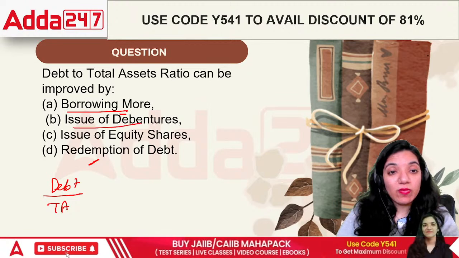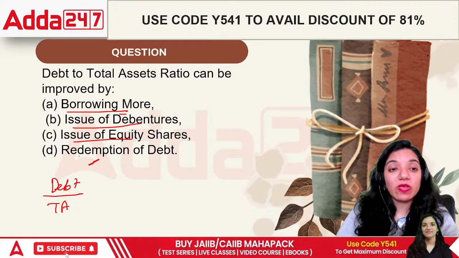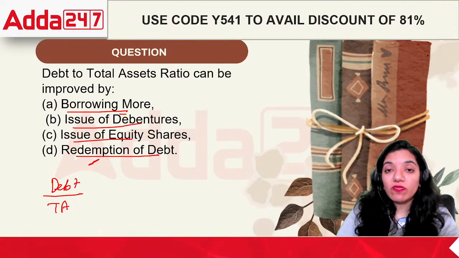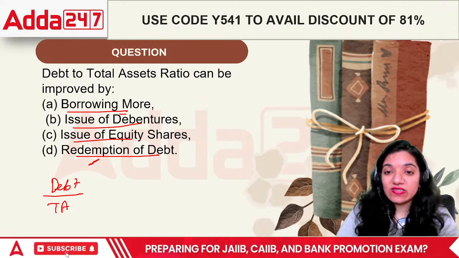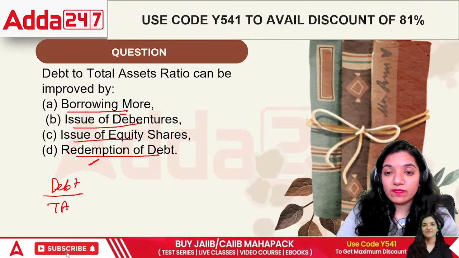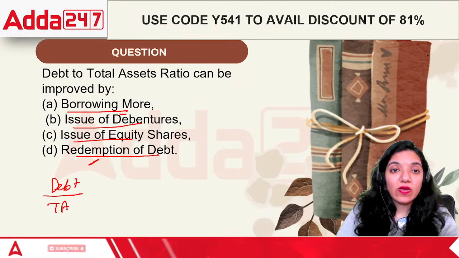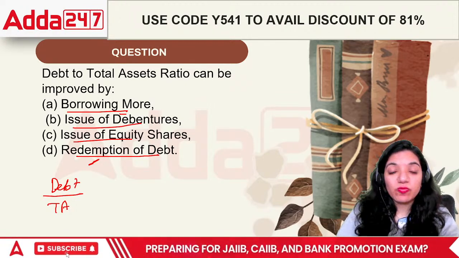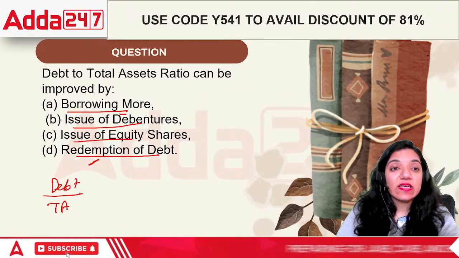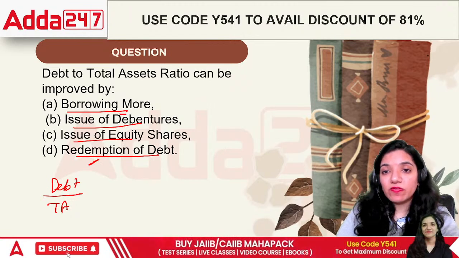By borrowing more, by issuing debentures, by issue of equity, or redemption of debt. What will be the correct answer?